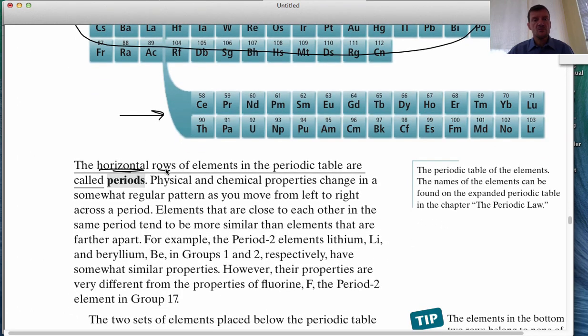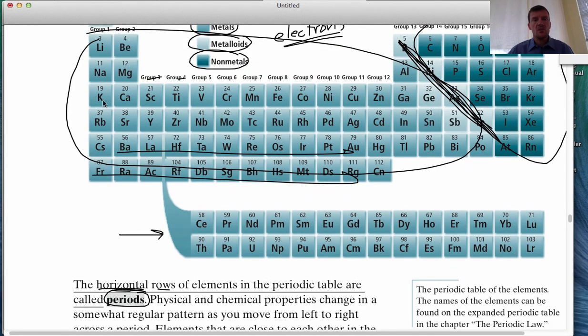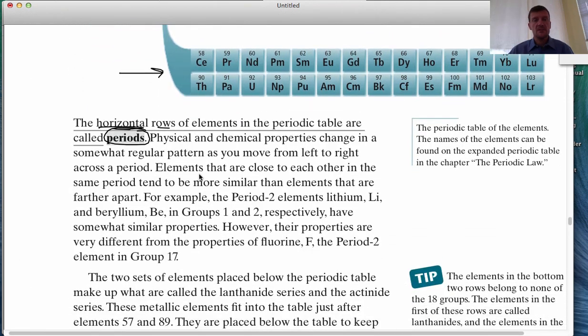The horizontal rows, each row that goes across here, is called a period. You go across a row, that's one period, and you'll see why we start another row here, and another row here. It'll make more sense as we move forward.